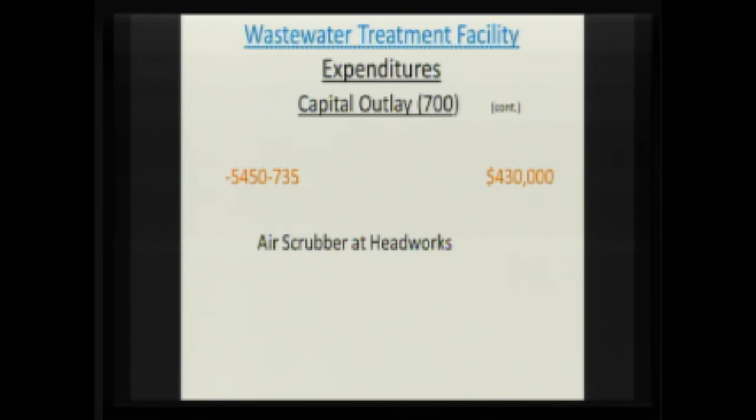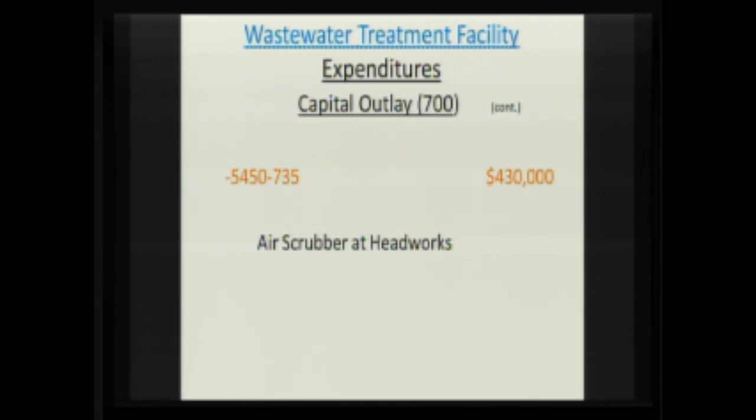With the engineering and the bidding process and receiving the materials, it became evident we weren't going to get the job done in a manner that we were going to have the system online before basically the odor season, the spring and the summer, was over with. And so the lion's share of that work is actually going to take place in fiscal year 2020 and actually probably go online in the spring of 2020.